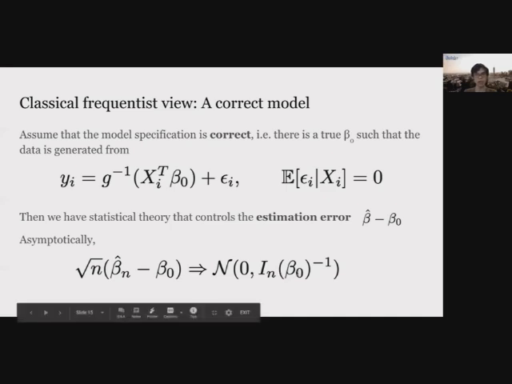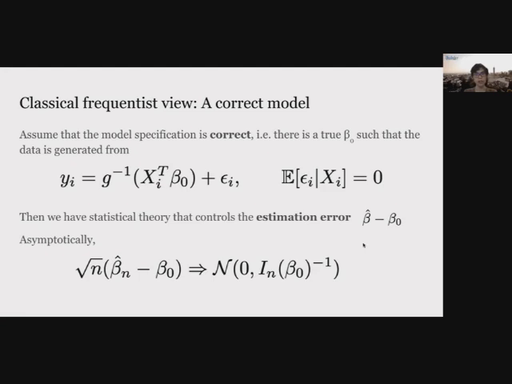This is really beyond the scope of this course. I'm just writing this down here for you to be aware of it. The takeaway is that if the model is correct, we are able to bound the estimation error between beta hat and the true coefficient beta 0 using some statistics theory.